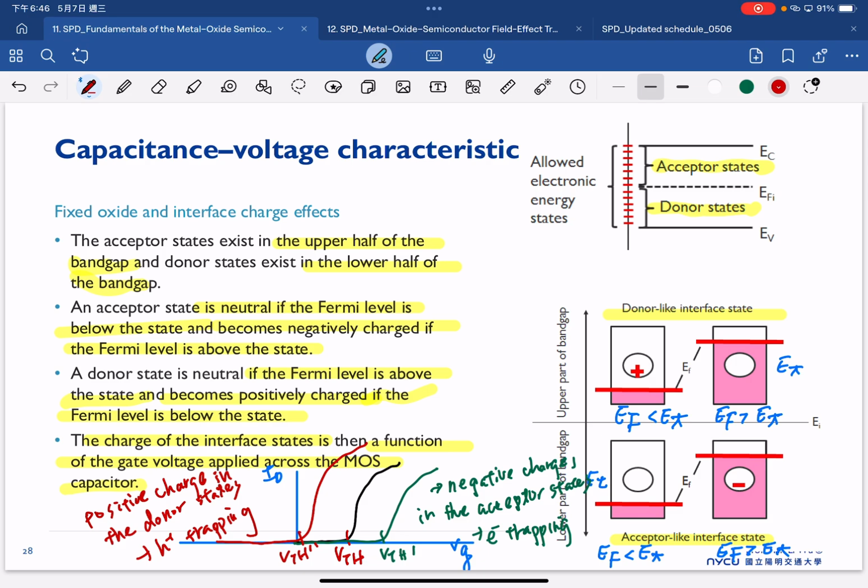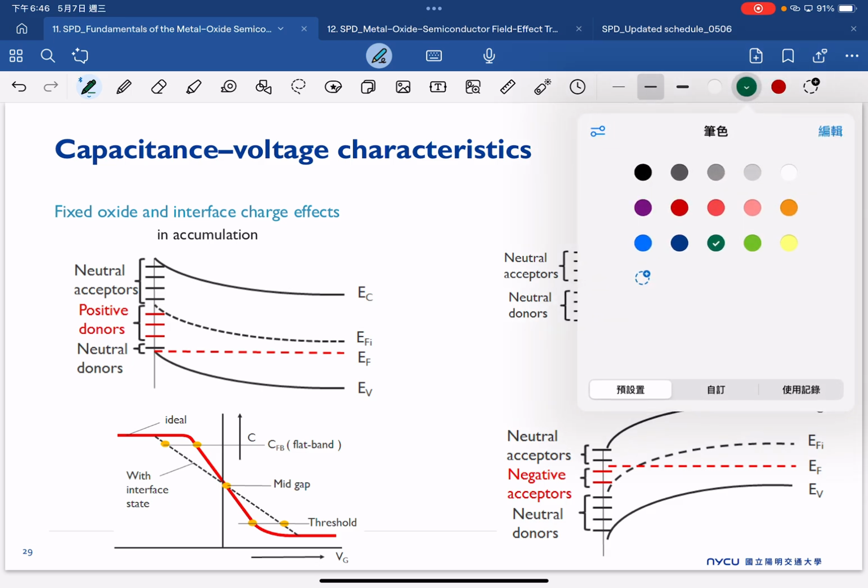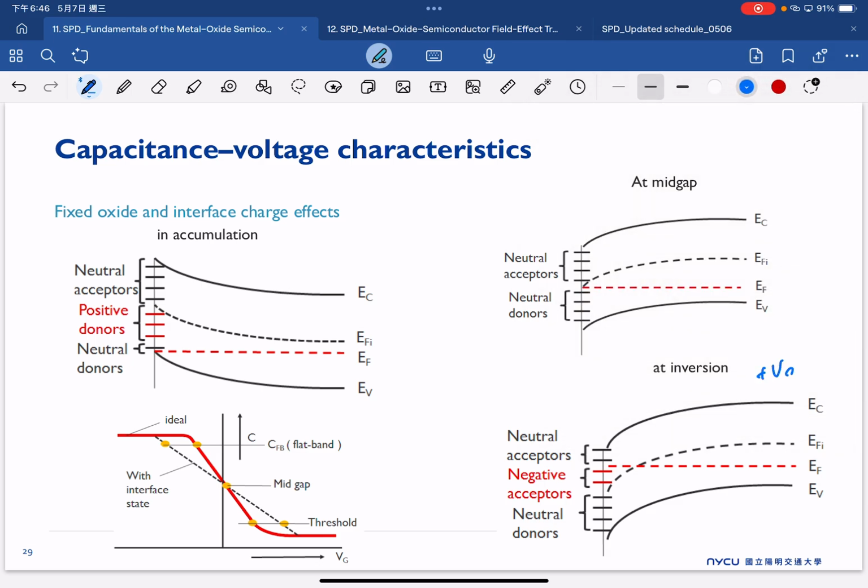Okay, so then again, this is a Venn diagram where I just mentioned that in the case of a midgap here, our EF is in the middle. But now if we apply a positive gate bias, during the positive gate bias you pull this bending down.